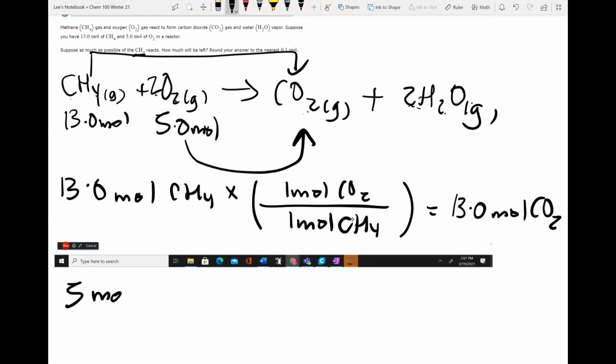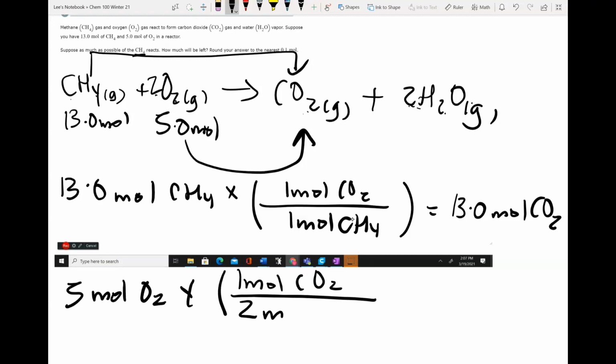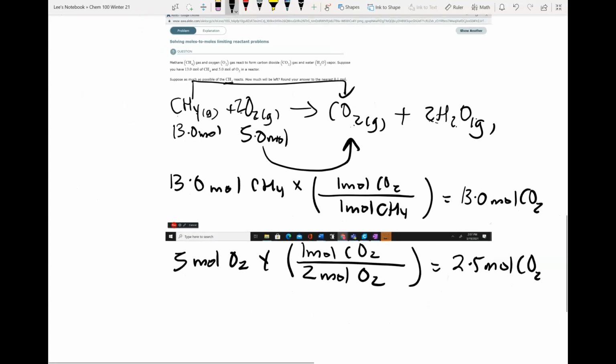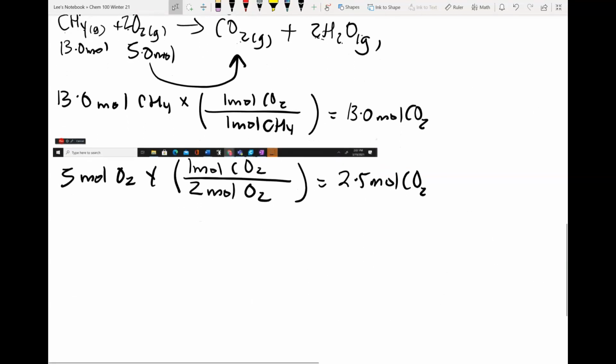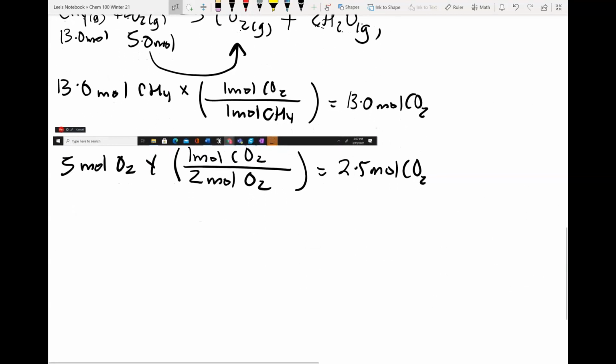Then we've got 5 mole of O2 multiplied by, we get 1 mole of CO2 for every 2 mole of O2, which means if all of the O2 reacts, we could form 2.5 mole of CO2. So what this means is that O2 is the limiting reactant.